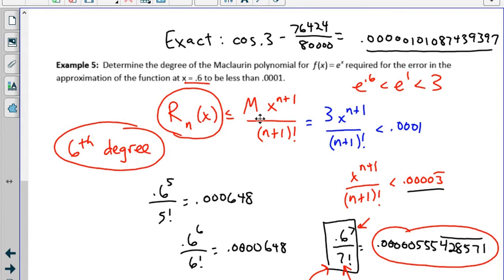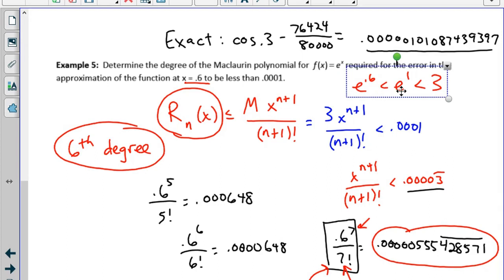So what I want to do is find the n such that when I have the maximum derivative times x to the n plus 1 over n plus 1 factorial, that ends up being less than 0.0001. Now notice that 0.6, when I sub it in for e, or e to the 0.6, I'll get some value, but it's not that easy to get without a calculator.